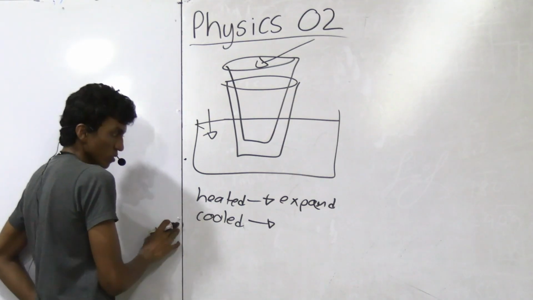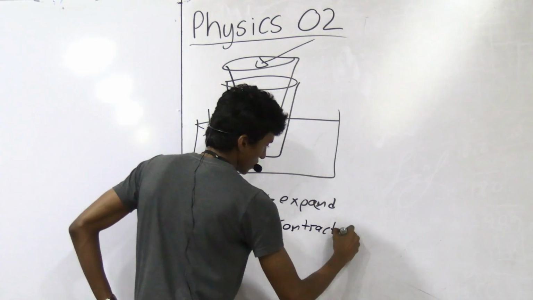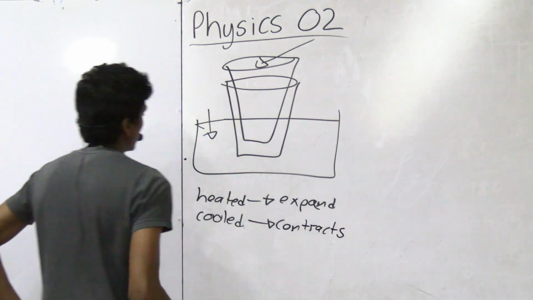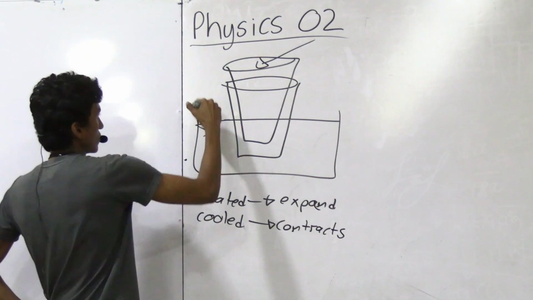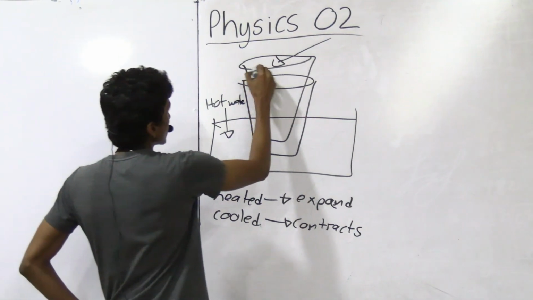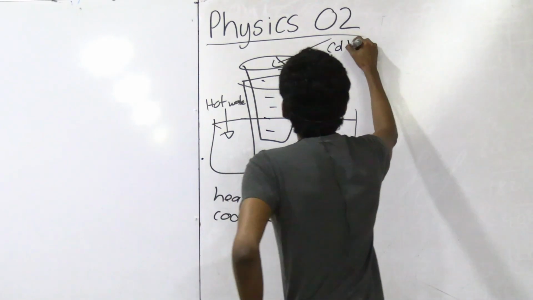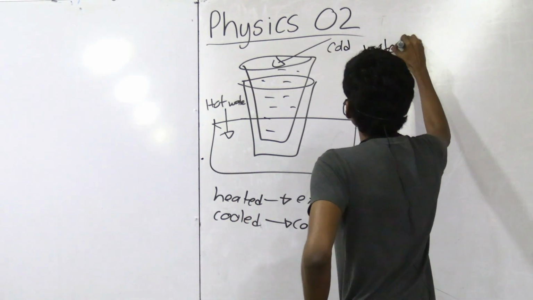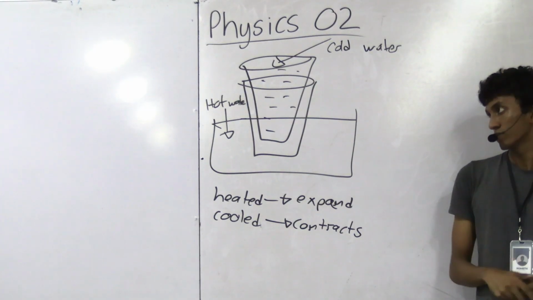When an object is cooled, it contracts, reduces in dimensions. So to expand the outer cup, we need it to be filled with hot water and the inside cup to be filled with cold water. So the answer is 2.